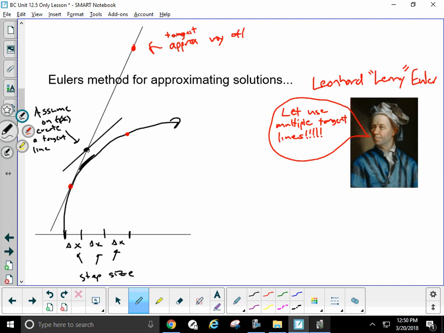They said, okay, well, let's use this to approximate our function value right here. And I know this is going to be closer than the point up here. And then I'm going to assume that I know what the tangent slope is. Maybe I know the derivative. And I can create another tangent line, assuming that that point is on my function.